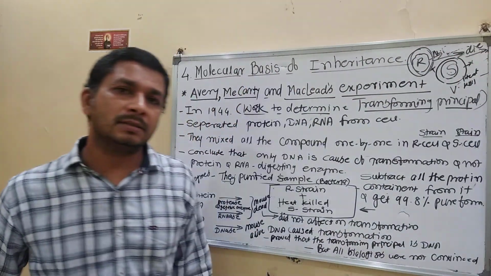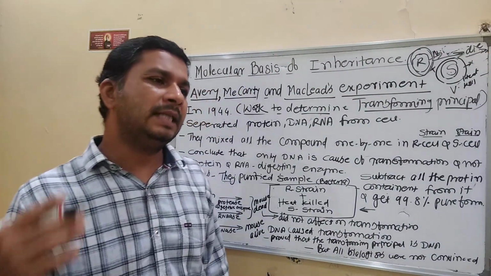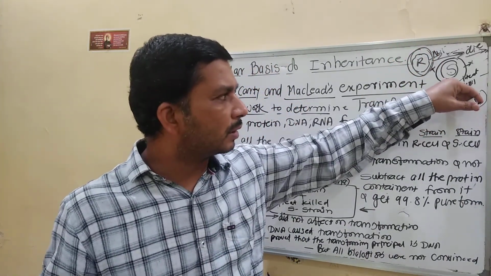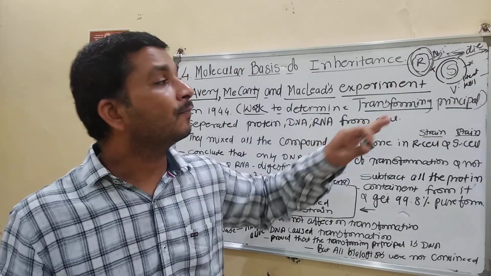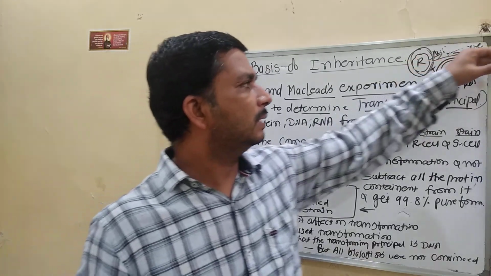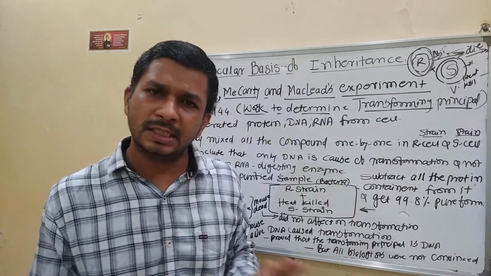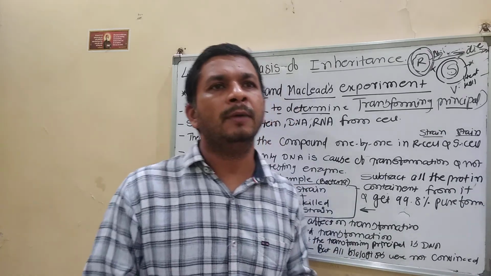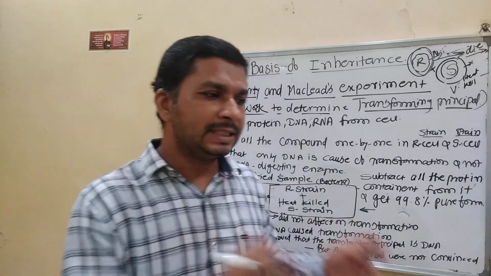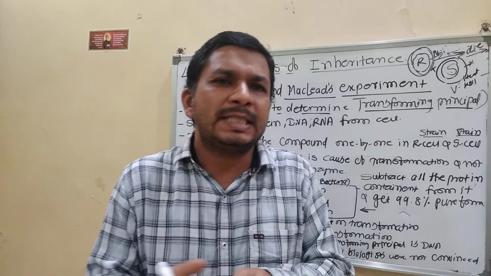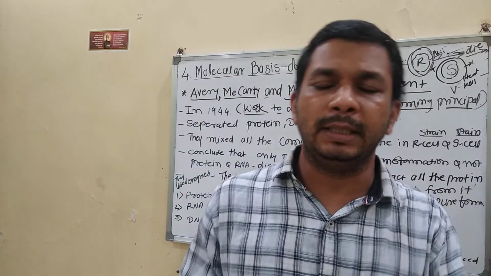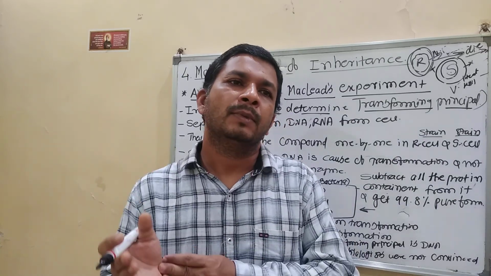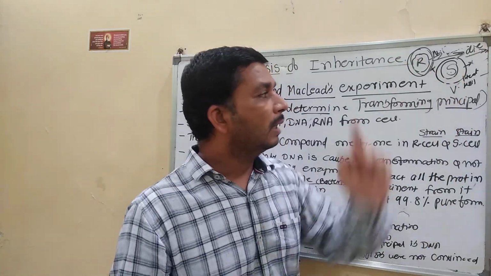Then Griffith told that something is carrying this information of S-strain bacteria, because of that the mice died. This is the Griffith experiment, but he didn't tell about which character is transforming, or what the transforming element is.